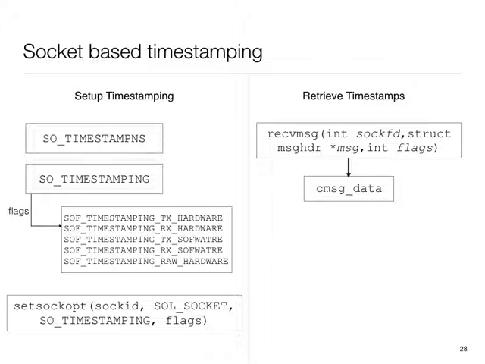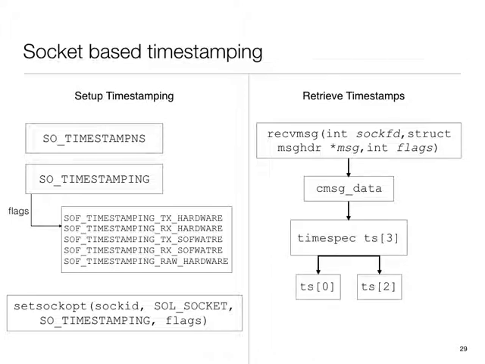The reason why I'm mentioning this one is because it's very important: it's the exact data structure where the Linux kernel appends this timestamp information. And this timestamp is a timestamp array where TS0 is the software timestamp, TS2 is the hardware timestamp. And that's how you get a hardware timestamp in your message by calling the receive message API.